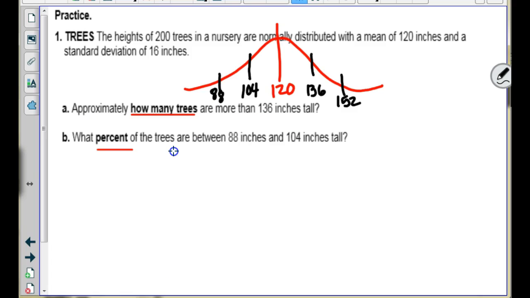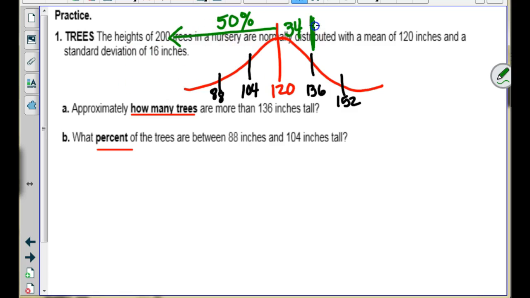Approximately how many trees, not a percent, the actual number of trees were more than 136 inches? Okay, how can we figure that out? What is up to here? This is 34% in here, and all of this is forever would be, well, actually, if we said forever, it would be 50, right?